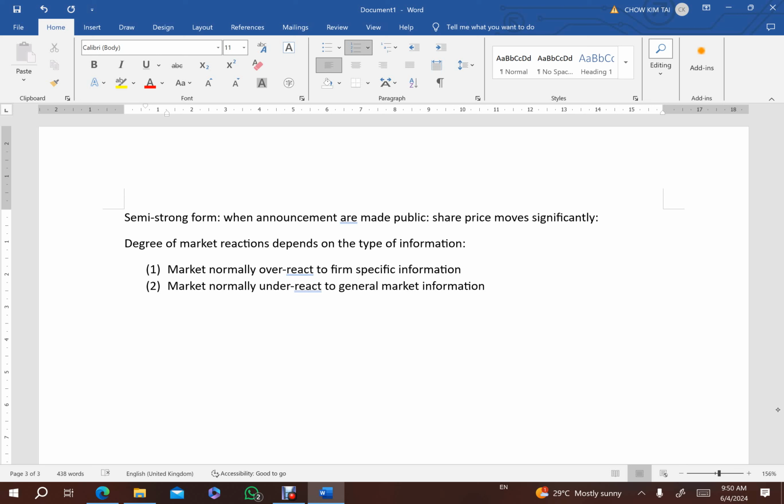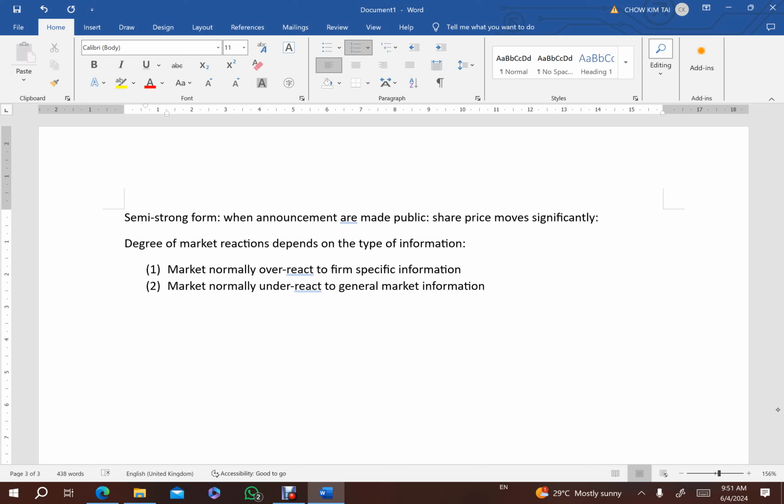When there's information very specific to the firm, okay, like during the COVID time, airline doing badly, almost gone. So the share price dropped like nobody business. People overreact. Yeah? Hotel industry, the share price dropped like nobody business. Okay, or there's any bad information about a company. Say for example, Microsoft.